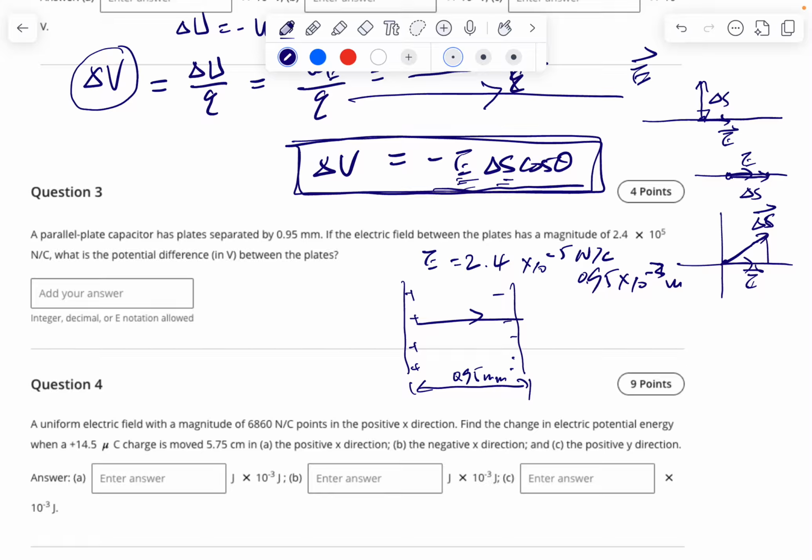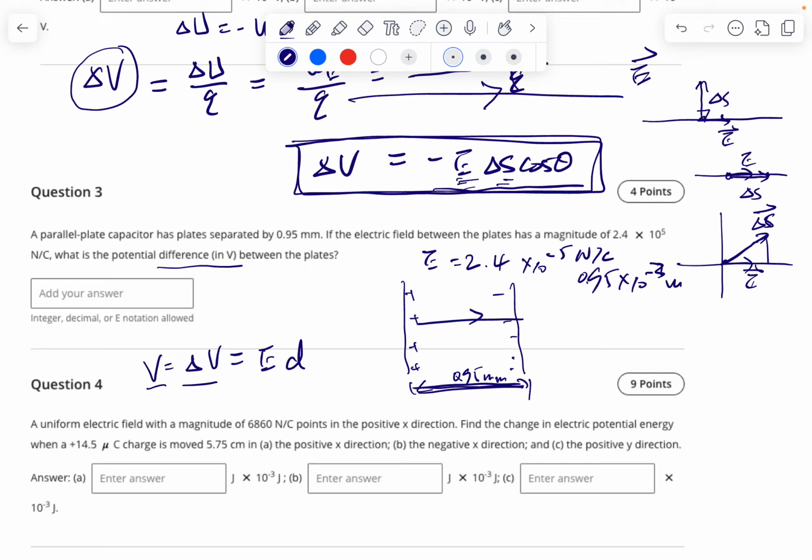This kind of problem we already learned in class. The potential difference equals E times the separation, which we call D. For parallel plates, we use V to stand for potential difference.